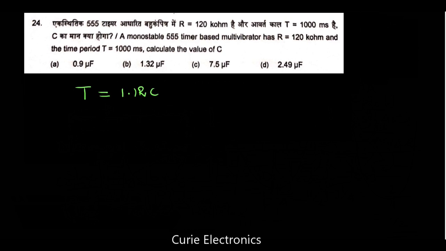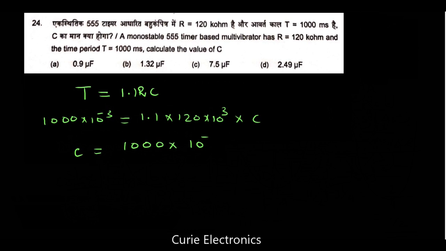Here 1000 milliseconds, that is 10 to the power minus 3 times 1000, equals 1.1 times R. The value of R is 120 kilo ohm, that is 120 times 10 to the power 3. C we have to find. So C equals 1000 multiplied by 10 to the power minus 3 divided by 1.1 multiplied by 120 times 10 to the power 3.